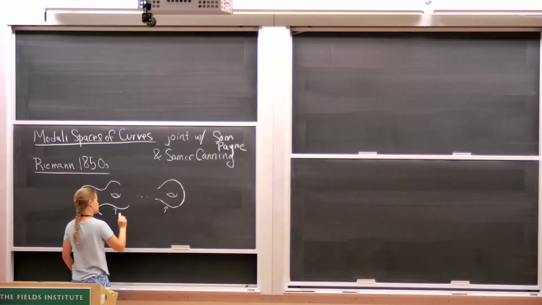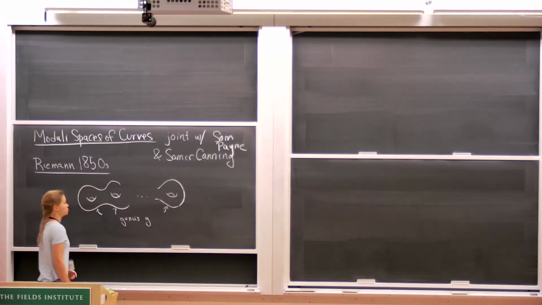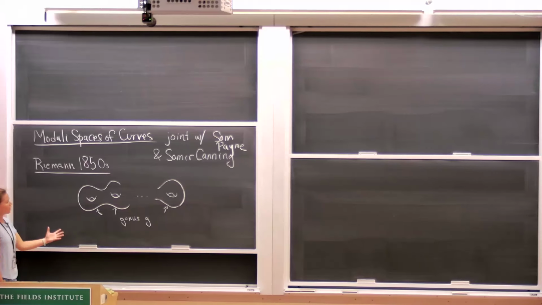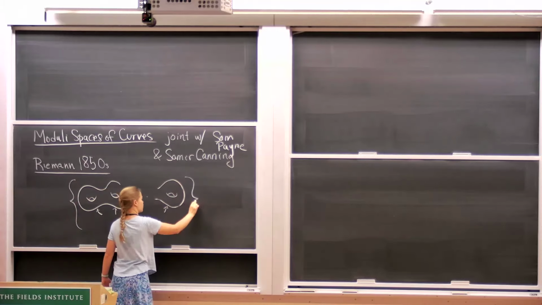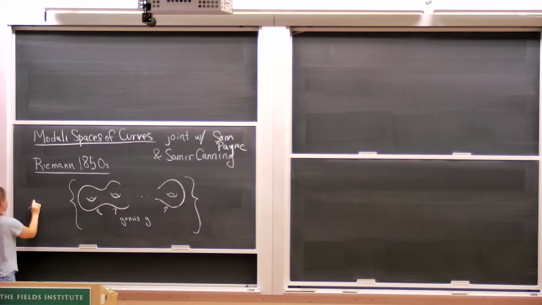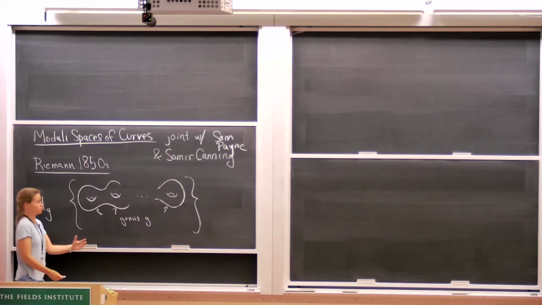And the number of holes here is called the genus of the curve. And Riemann said in order to understand all curves, we should consider a space called the moduli space, M_g, where each point corresponds to a different curve of genus g.